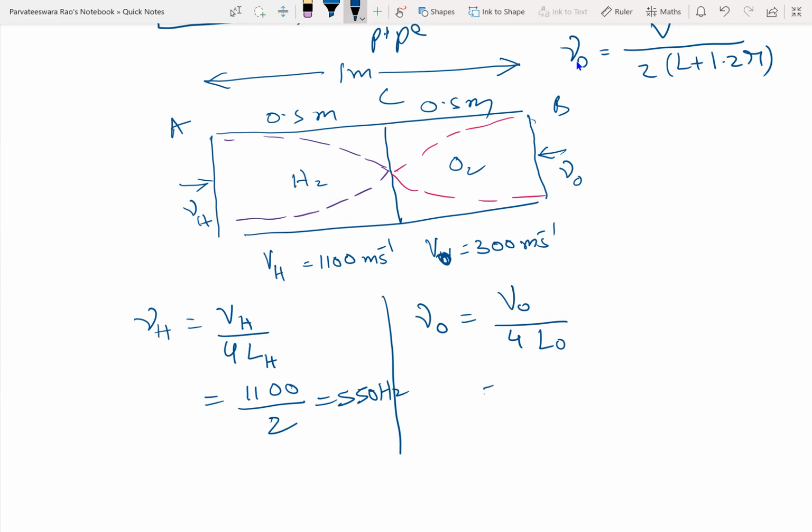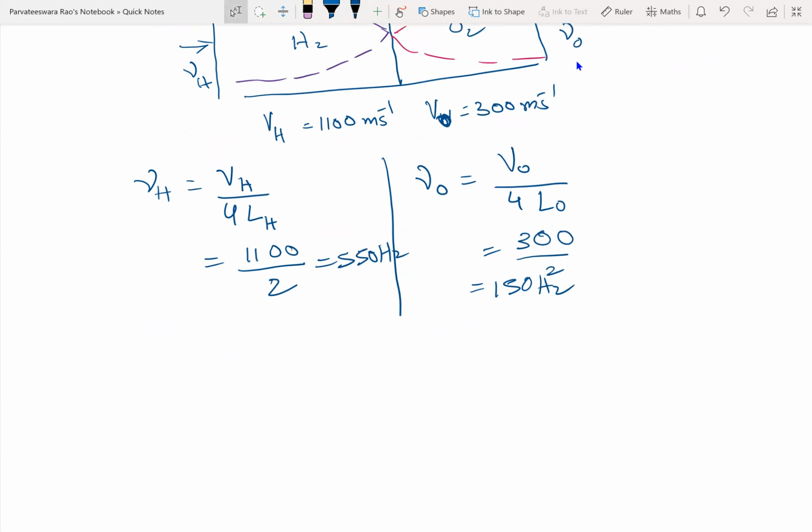And coming to this, 300 by 2. So this is 150 Hz. We don't know how many loops are formed.